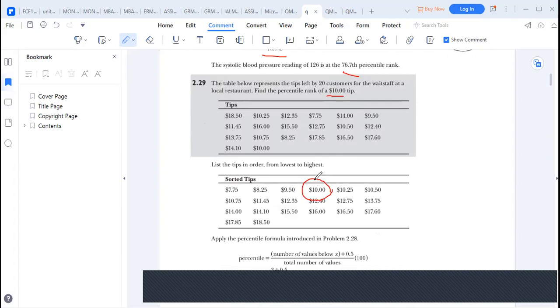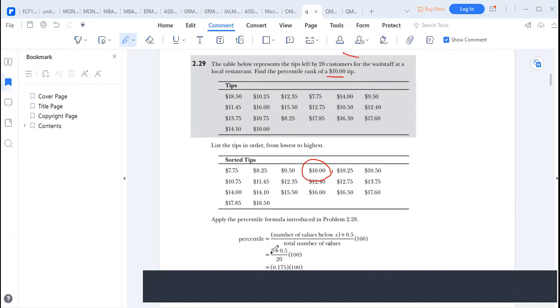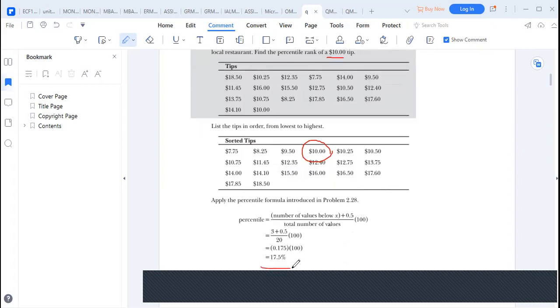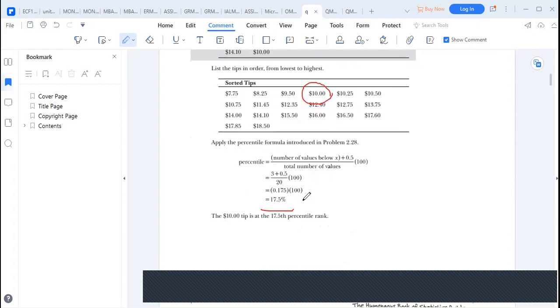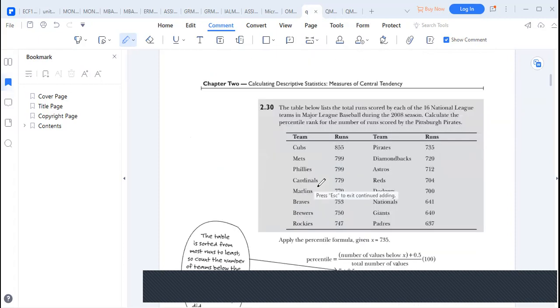So how many numbers are before this one? Yeah, 1, 2, 3. All right. So we're going to write 3 over the total, which is 20, plus 0.5 times 100. So which is giving us 17.5%. Okay. So the $10 tip is giving us 17.5% as our rank.